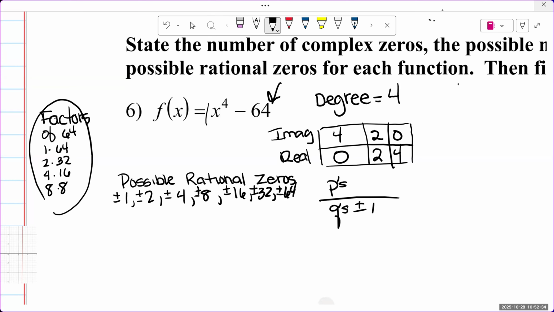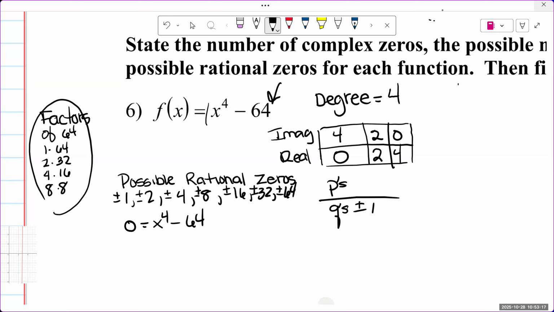So we don't know. They could all be imaginary, and none of these could be a 0. But these are the possible rational zeros. There's no 7. It could only be one of these. Okay, so let's set this equal to 0. Now, what we could do is plug in all of these numbers, and we know that if we plug it in and get 0, it is a 0, which would not be too bad, right?